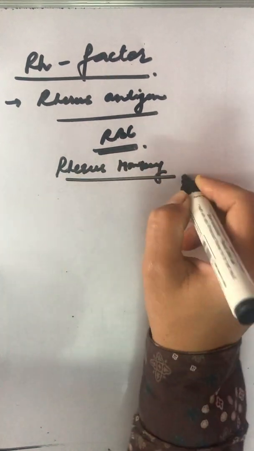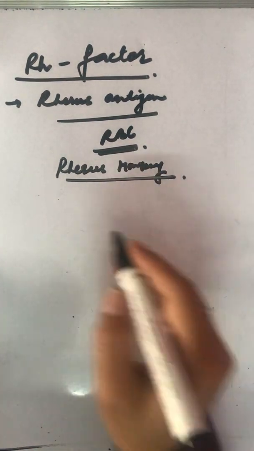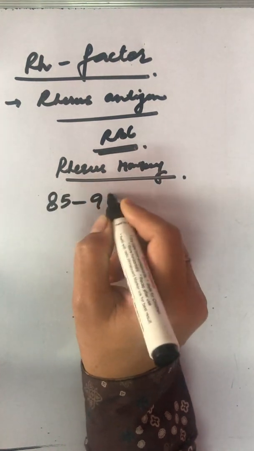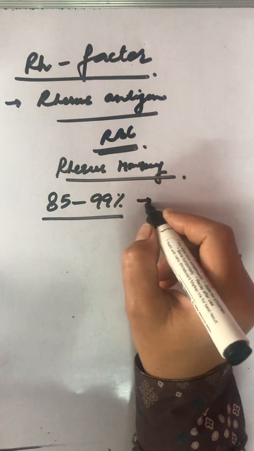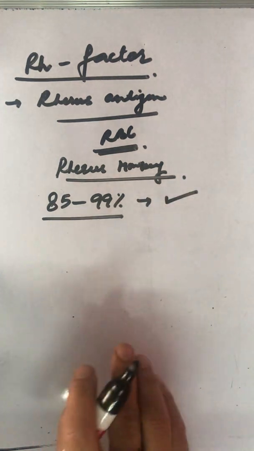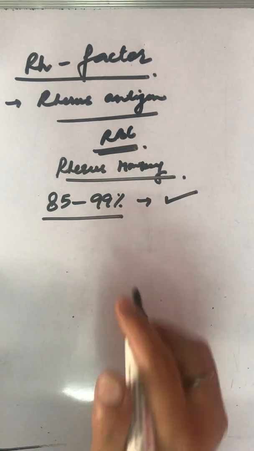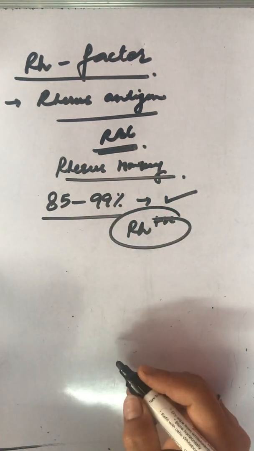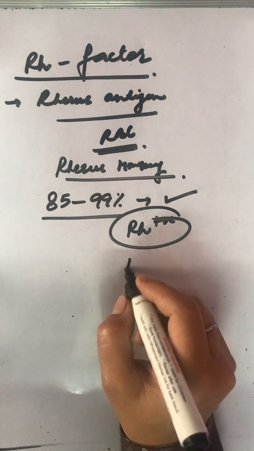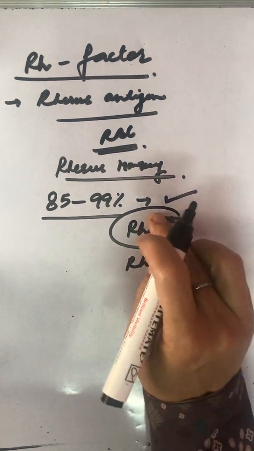Hence its name. Depending on the race, 85 to 99% of our population have this antigen called Rh factor, and for that we call them Rh positive. Others who do not have this factor, we call them Rh negative.